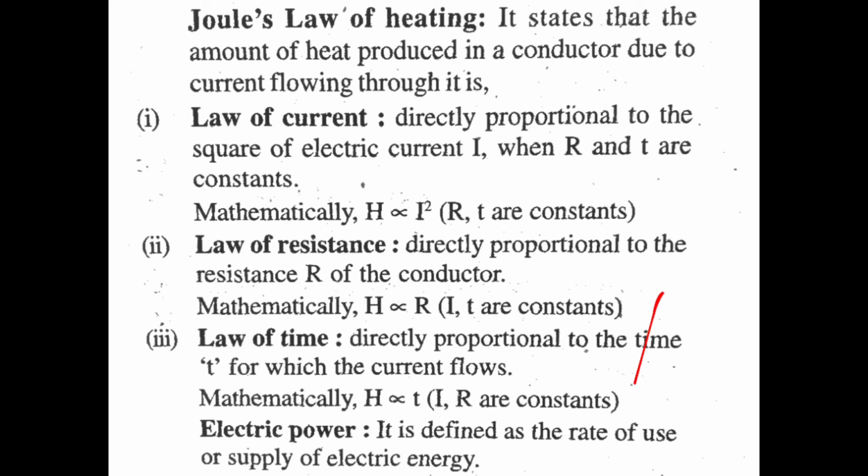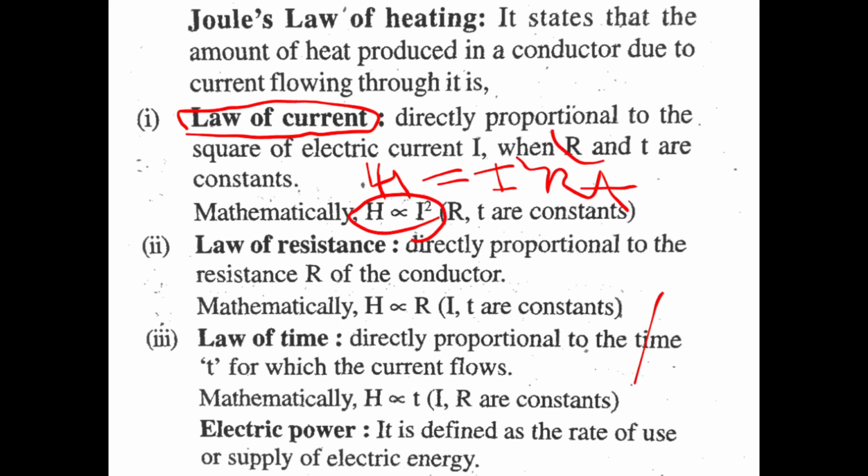Now, the laws of current. In Joule's law of heating, H is equal to I square Rt. So H is directly proportional to I square, taking R and t constant. Mathematically, H is directly proportional to I square, where R and t are constant.